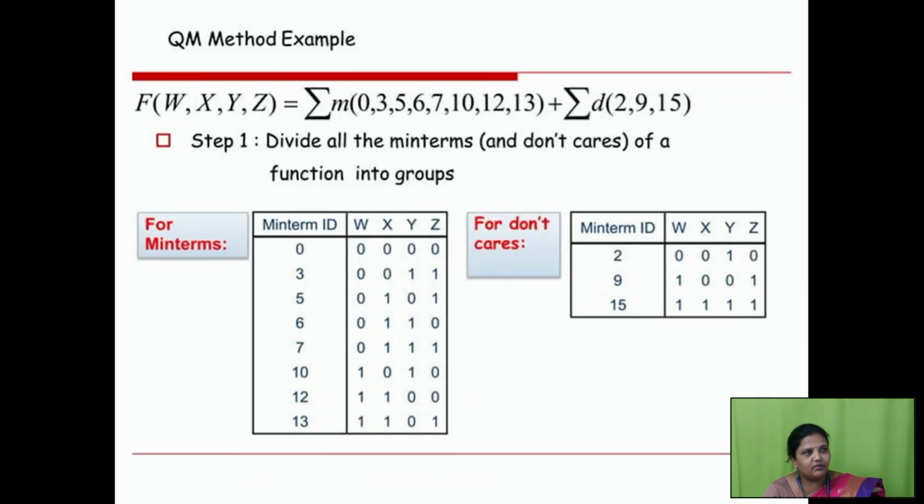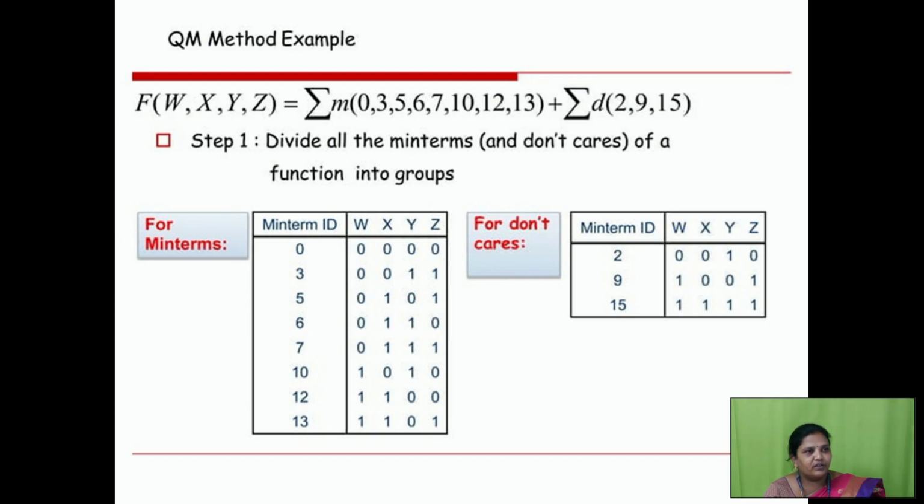Next we will go and see the don't care condition. First, as usual, as per the step, we have to divide into the number of ones. We have to divide the minterms. First I am listing out the minterm values, where we have used f of W, X, Y, Z. So 4 variables, so 4-bit binary representation we have to use: 0 is 0, 0, 0, 0; 3 is 0, 0, 1, 1; 5 is 0, 1, 0, 1; 6 is 0, 1, 1, 0; 7 is 0, 1, 1, 1; and 10.